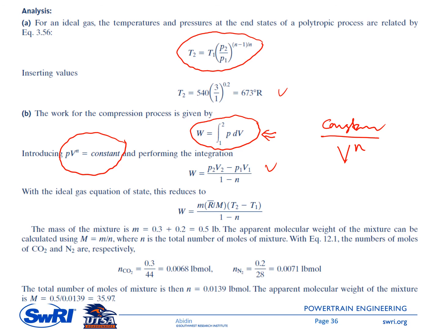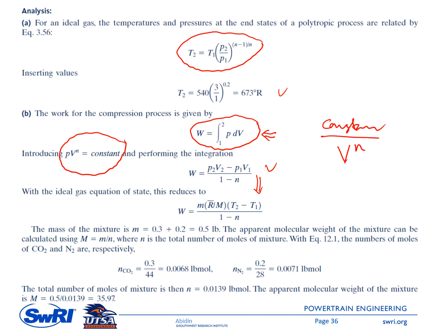So we have P2 and P1, but we don't have V2 and V1. To solve this problem, we can convert this formula with the aid of the ideal gas equation of state, because we know that P times V equals mRT.